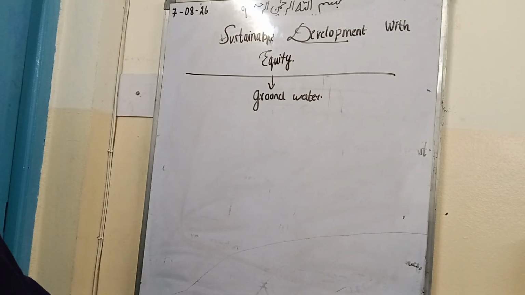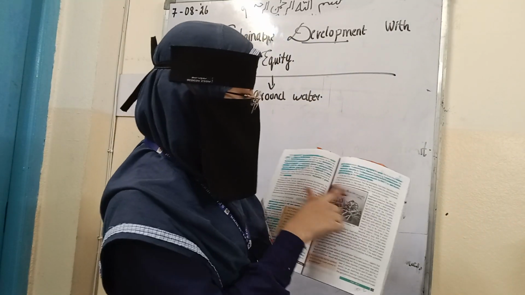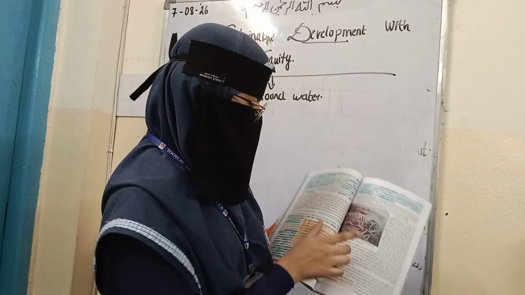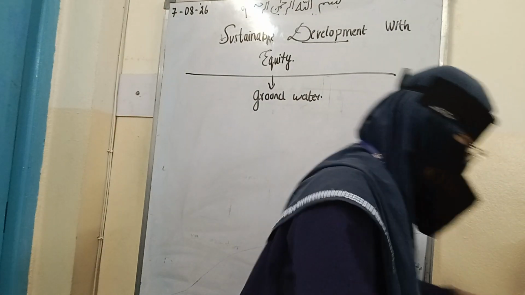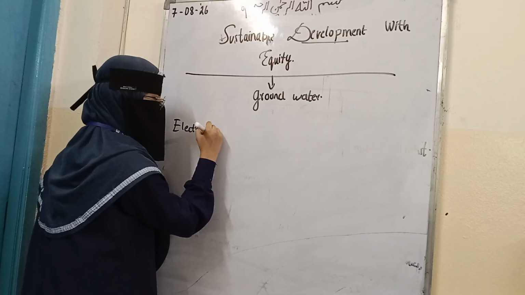Now, page number 148 and 149. You can see a UN photo of 1957, farming and irrigation in Rajasthan. This is how it was done previously.